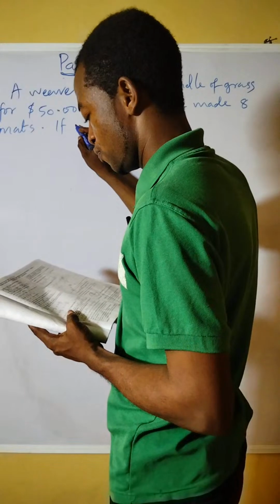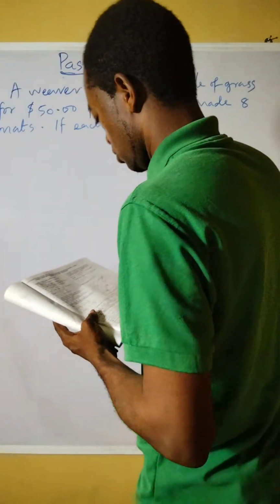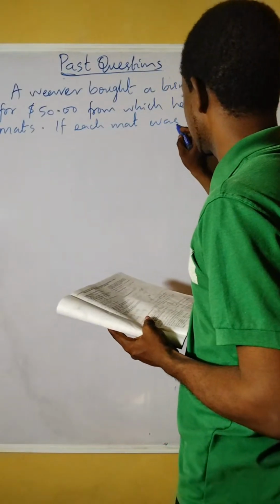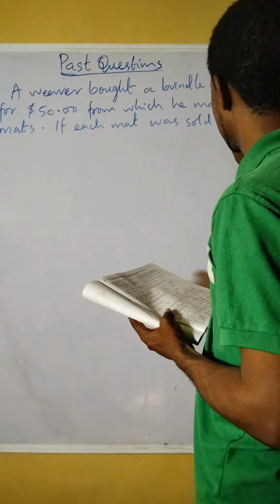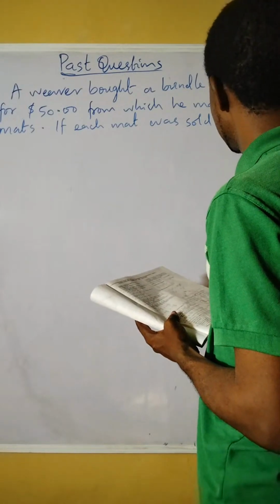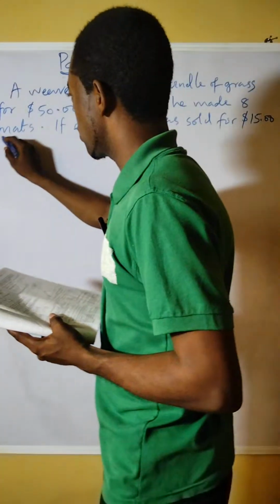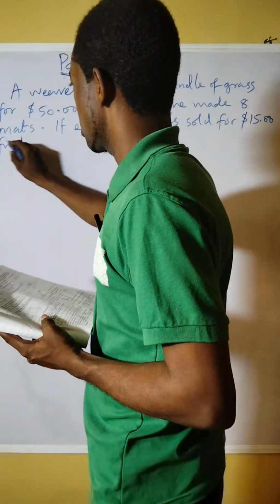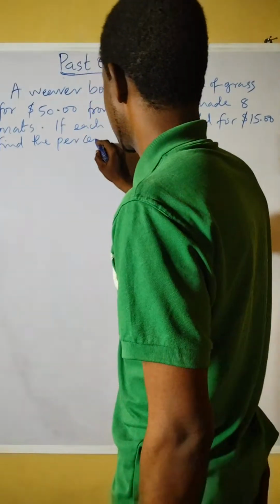First off, if each mat was sold for $15, find the percentage profit.